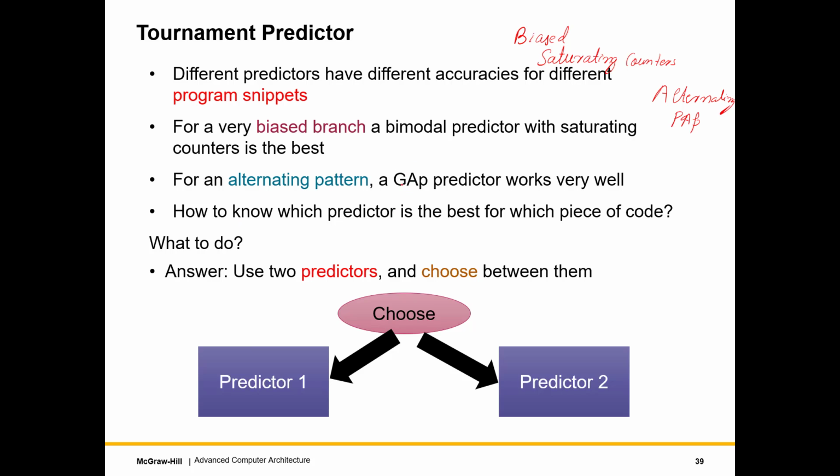So here I actually stand corrected. For an alternating pattern, instead of a GAP, a PAP predictor works very well. So the question is, for a given piece of code, how do we know which predictor to use?